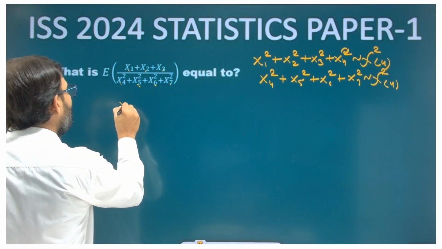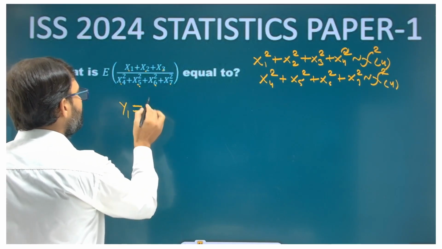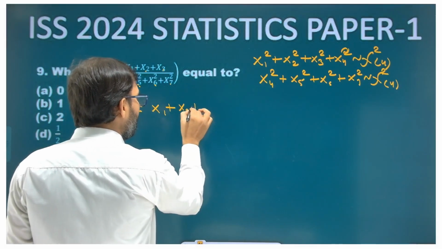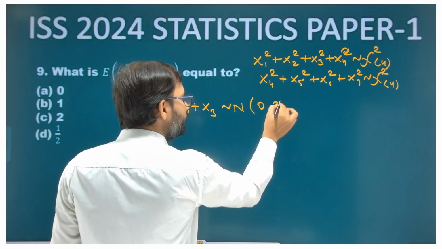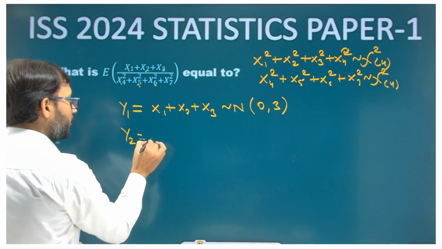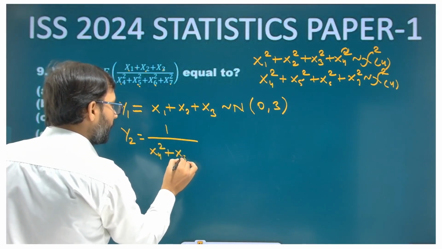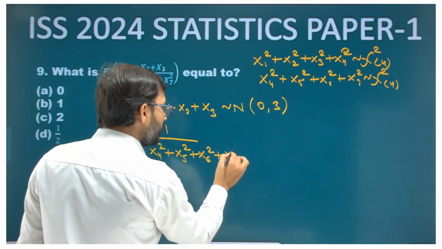Now let me say y1 equals x1 plus x2 plus x3. Then it will follow normal 0, 3, and y2 equals, I am writing, 1 upon x4 square plus x5 square plus x6 square plus x7 square.